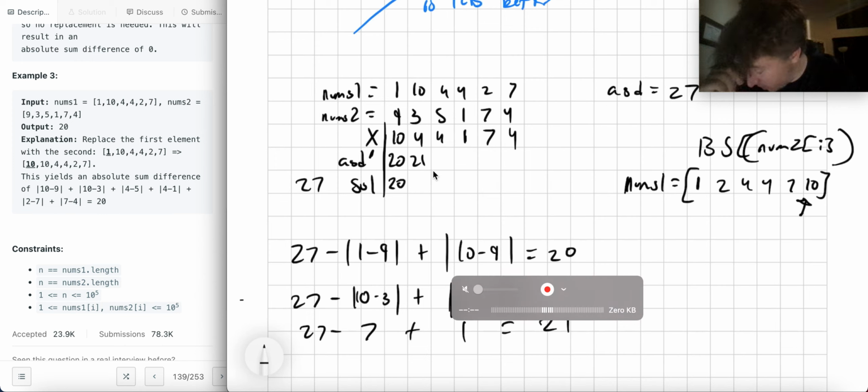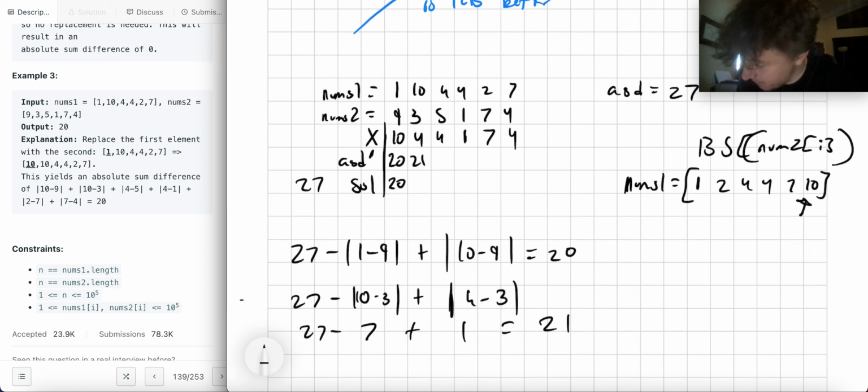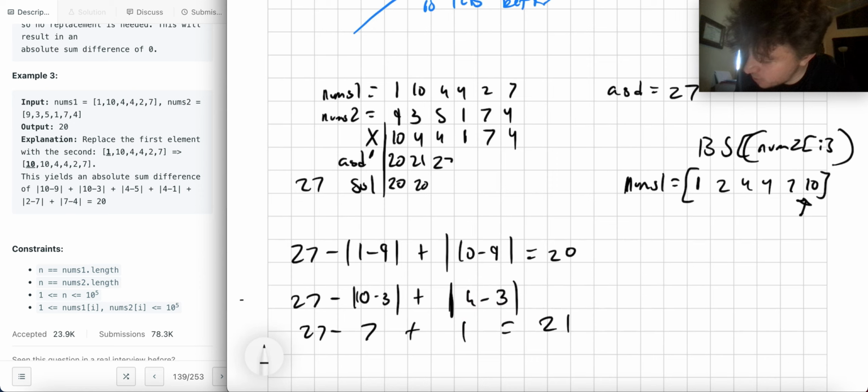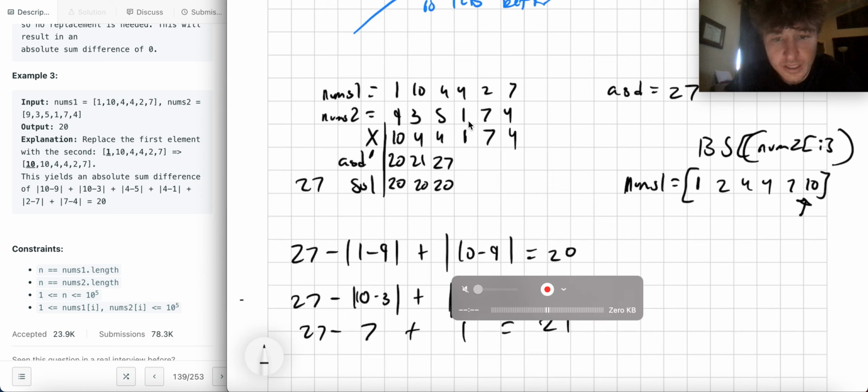All right, and then you just walk through these calculations. I really don't want to go through all of it. It's going to stay 20 here because 21 is not smaller than 20. Here you do 5 minus 4. It's actually going to keep the score the same because it's already the best thing that it can be, so it'd be 27 here. 20 is still better. Here you could do, instead of 4 minus 1, you're going to do 1 minus 1, so you're going to get 0.